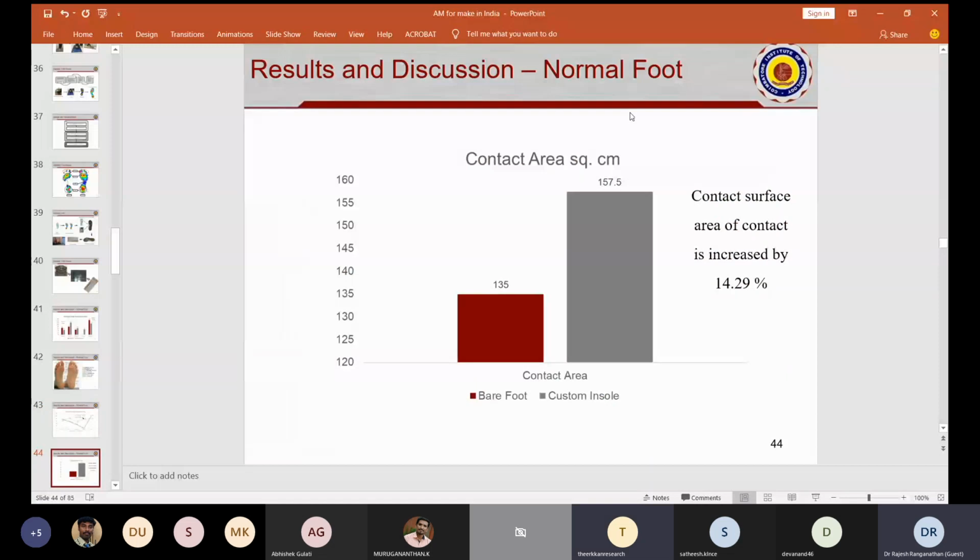And here are the results of a normal foot before and after. We could see that earlier the surface area of contact of a normal foot is 135 square centimeters, whereas after wearing a custom insole, the surface area of contact improved by roughly 15%, which is 157.5 square centimeters.